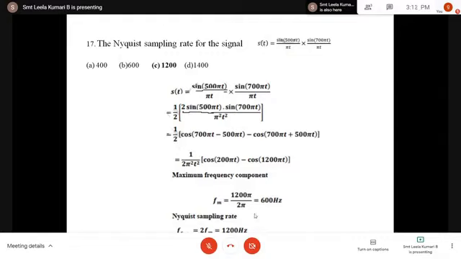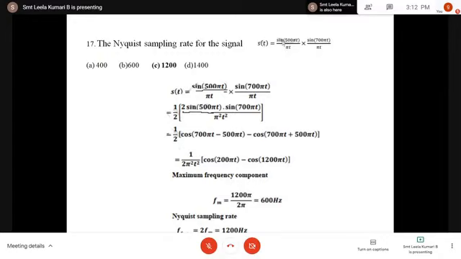And yesterday we have discussed one small technique to directly find out the sampling rate for a signal in which two sinusoidal functions are multiplied or two sinc functions are multiplied.